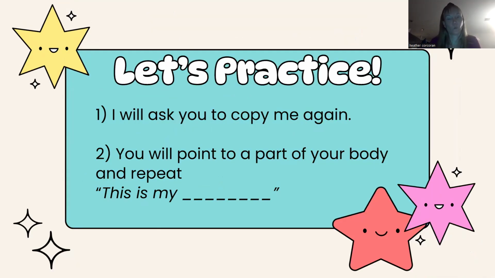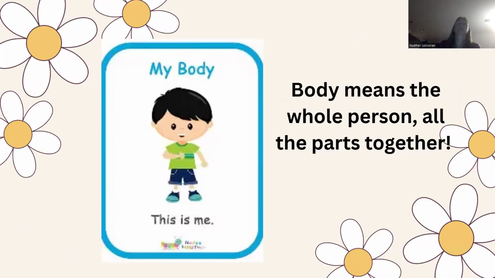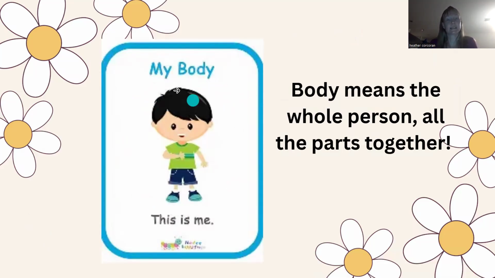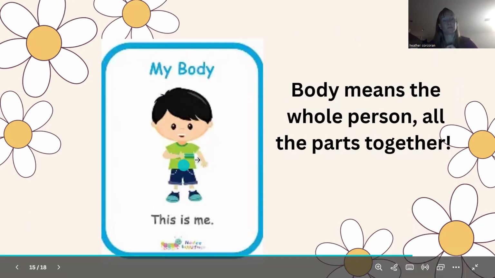So once we get past the input, that continuum of going back and forth between the I do and we do for all the instructional input, I would wrap it up with this slide, and say, okay, so when we now look at this picture of the boy, this is the boy's body, my body, this is me, and he's pointing to himself.